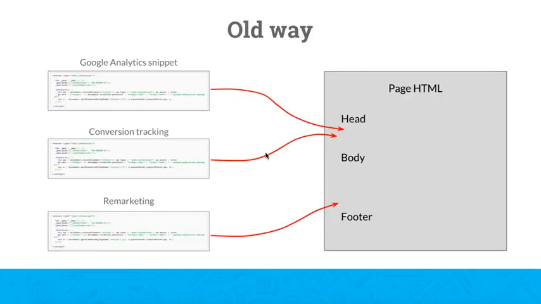So if I have these different codes, like a Google Analytics snippet, conversion tracking, remarketing, things like that, they go on different pages, different places on different pages. And so asking the web developer to do this over and over is kind of a useless task. It's not useless, but it really takes up a lot of their time. And so this is the old way.